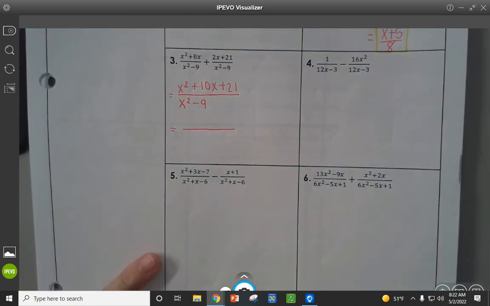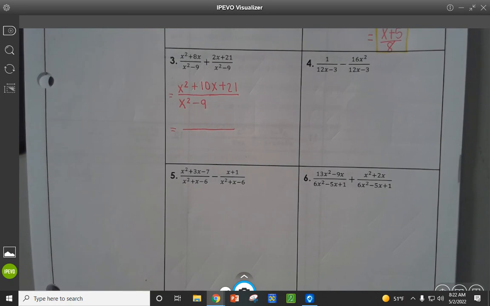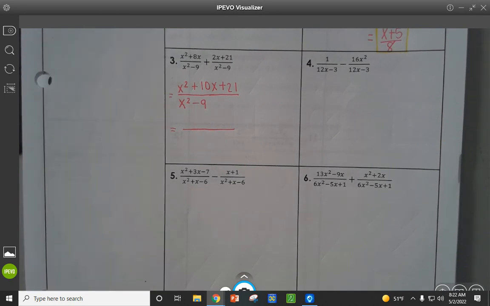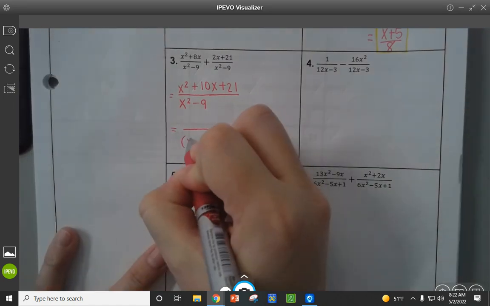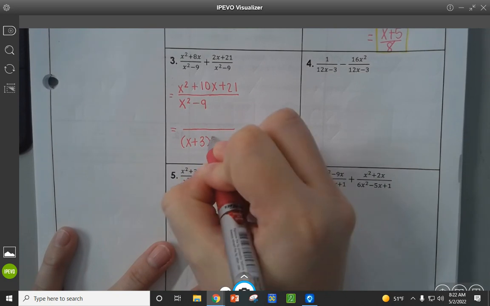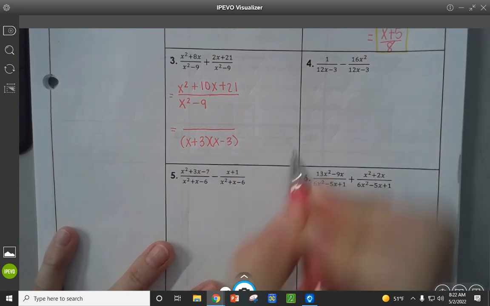How does the bottom or the denominator factor? It's a difference of squares. So that becomes x plus 3, x minus 3.